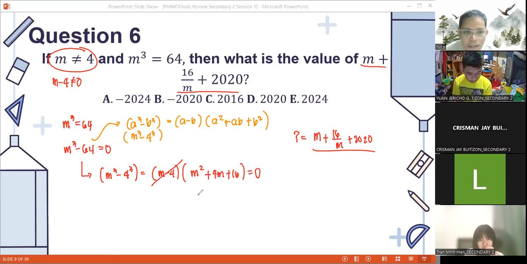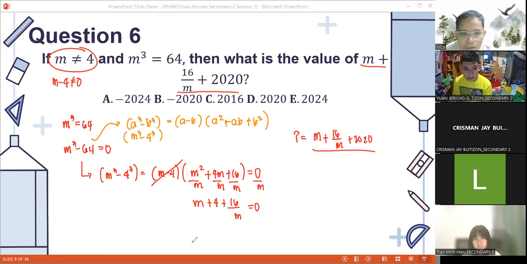And then we need to divide it by m. So this becomes divide by m, divide by m. So this one becomes m plus 4 plus 16 over m equal to 0. So m plus 16 over m is equal to negative 4, right?